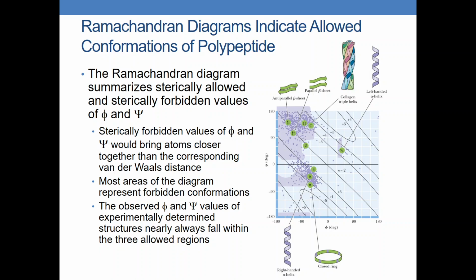If your model has a Ramachandran plot that has a whole lot of data points in the 4th quadrant, there's probably something wrong with your model. You probably should look for these steric clashes that would likely not be allowed in real life. So the Ramachandran plot presents a quality control tool that can be used when constructing atomic resolution protein models.